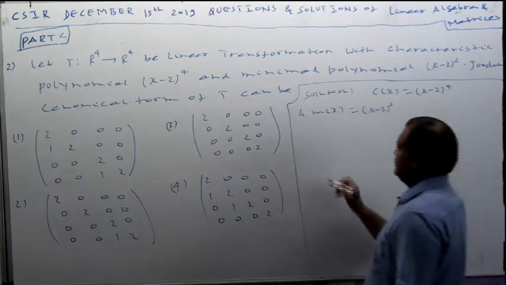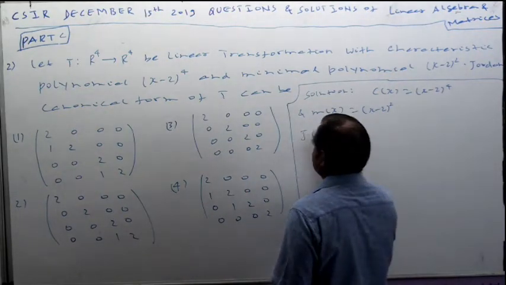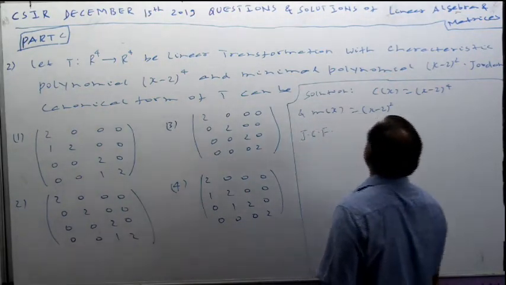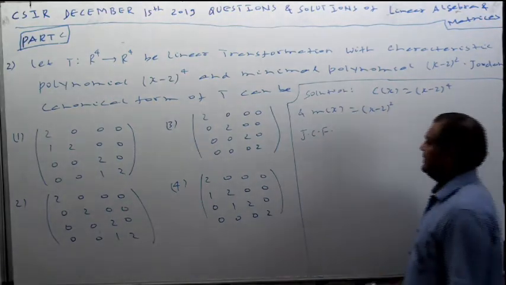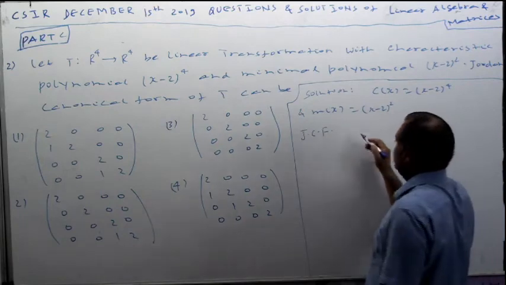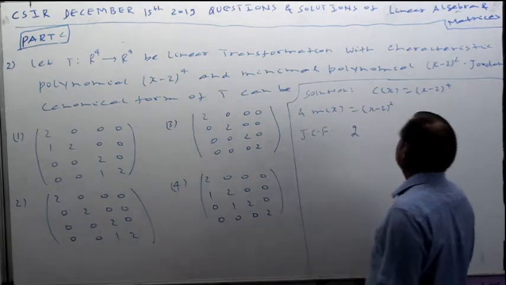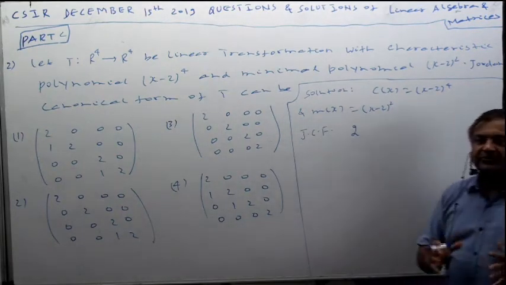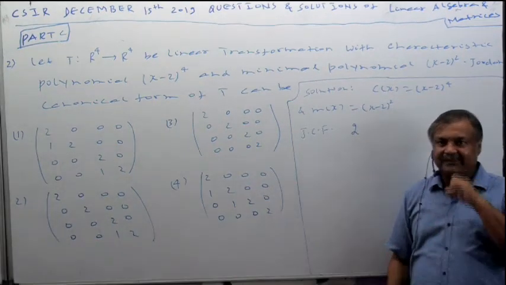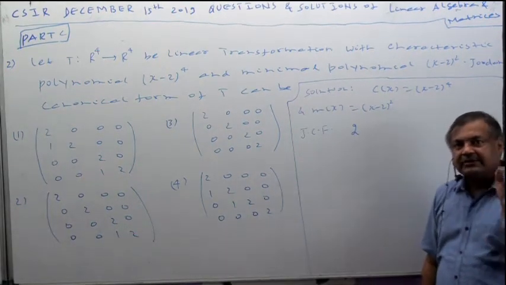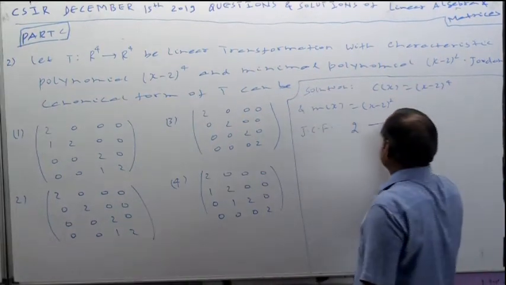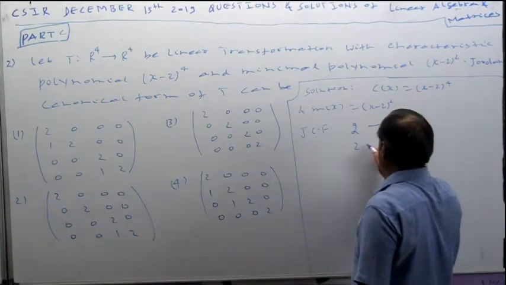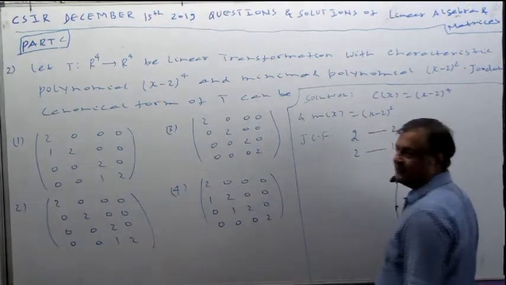So in the Jordan canonical form of the given matrix, what will happen? One block will be of order 2 and the remaining two blocks corresponding to eigenvalue 2 will have size less than or equal to 2. So either the second one is 2, or after 2 the next two are 1, 1.